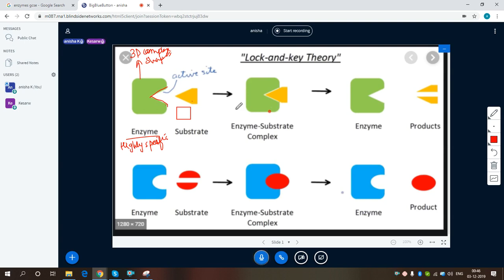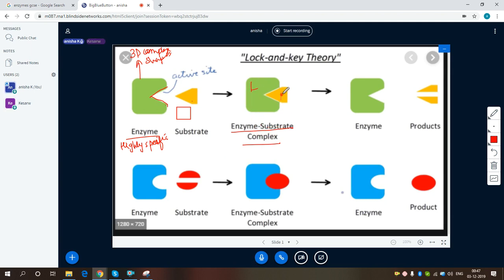Now, what happens is the substrate comes and attaches to the active site. Then what we form is the enzyme substrate complex. You understanding what is happening? What we form here is the enzyme substrate complex. They fit between the enzyme and the substrate like a lock and key.